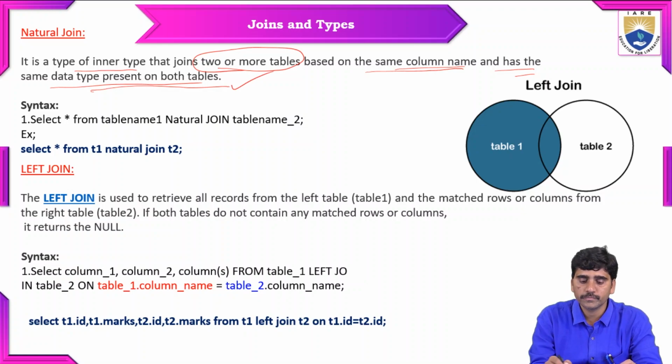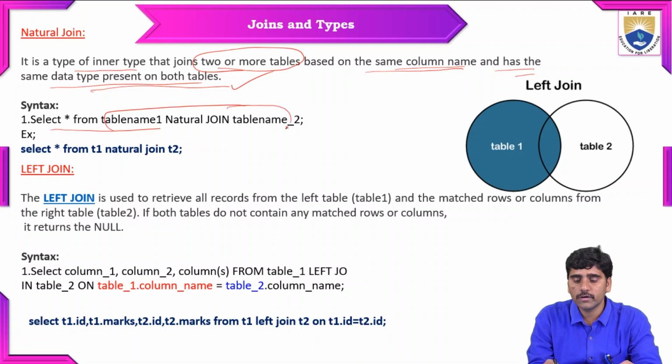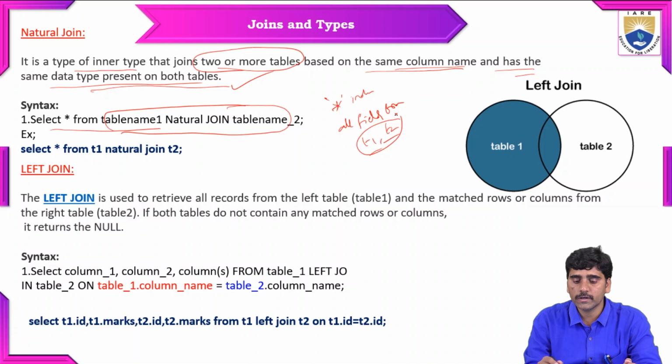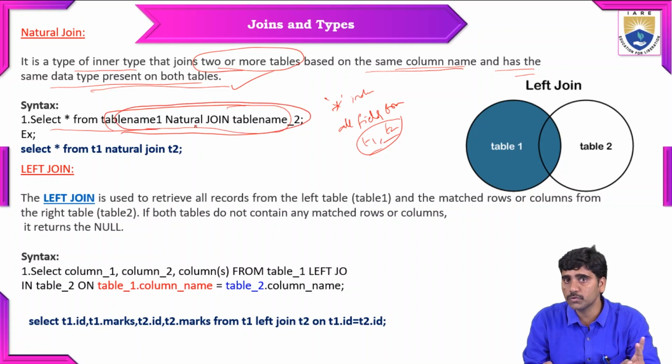For example, select star from table 1 natural join table 2. If you execute this command, star indicates all fields from table 1 and table 2. All fields from table 1 and table 2 will be retrieved based on the join operation that we performed on the two tables.